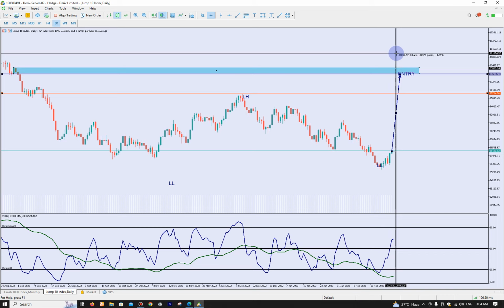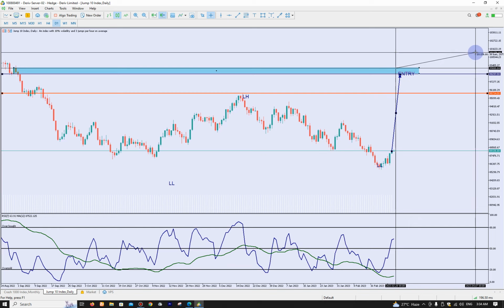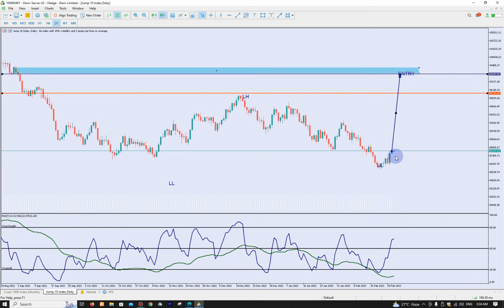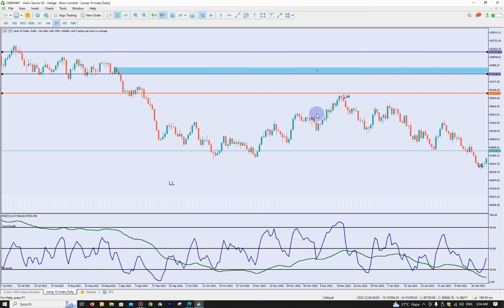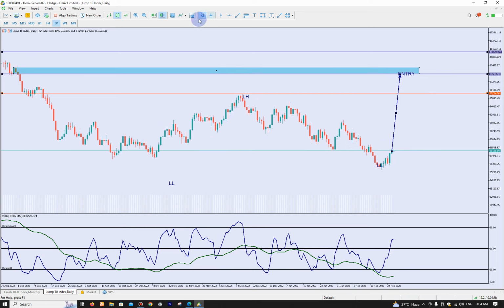This is 20 pips within 101.122.6. So I'll say my 20 pips is within this zone here. Okay, so I'll get my horizontal tool and take my 20 pips, 1011.2. There's my stop loss.